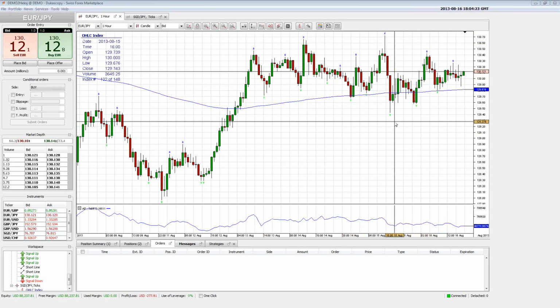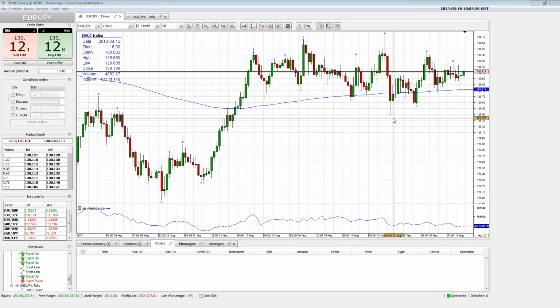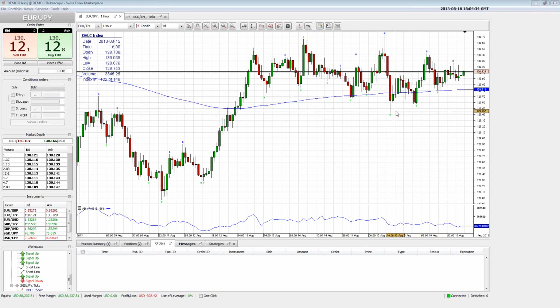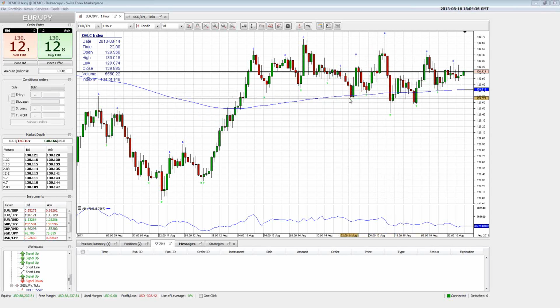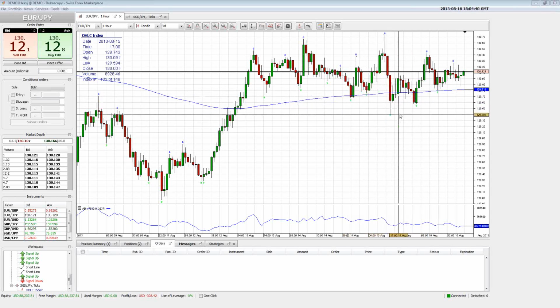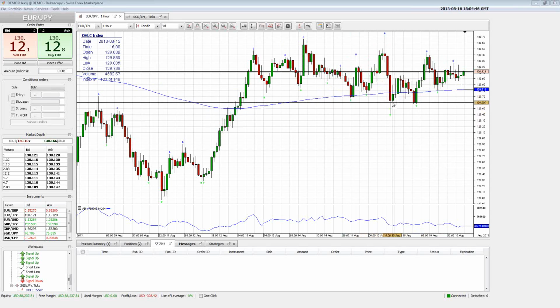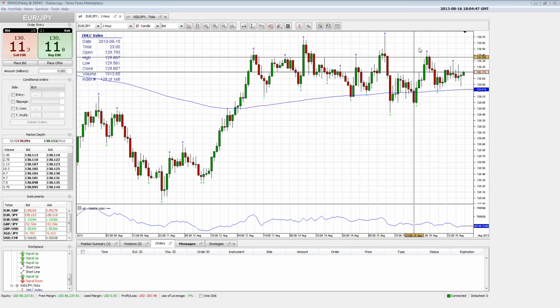So that's the typical approach to using support and resistance. But what we're going to talk about is why it sometimes does what it did here. Why does it sometimes give you a false breakout, where it breaks out and then bounces back? See right here, the market tested through that level and then quickly pulled back and went the other direction.